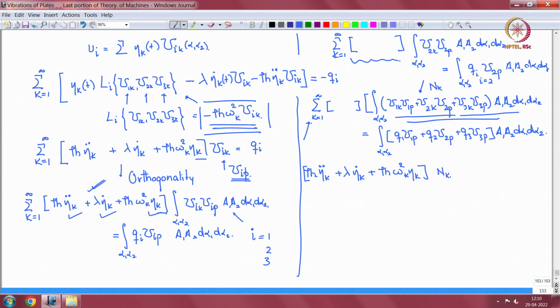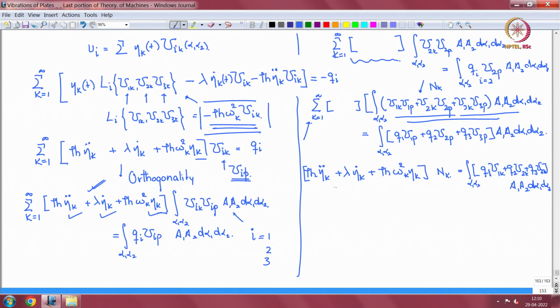Nk is equal to integral alpha 1 alpha 2 q1 u1k plus q2 u2k plus q3 u3k a1 a2 d alpha 1 d alpha 2.